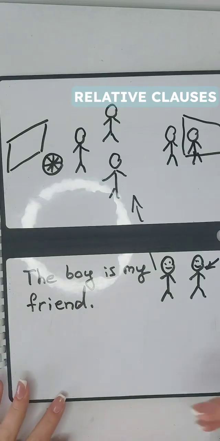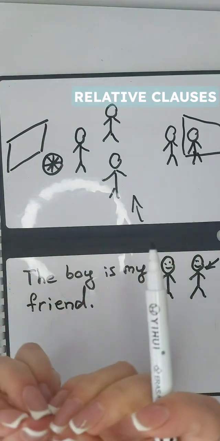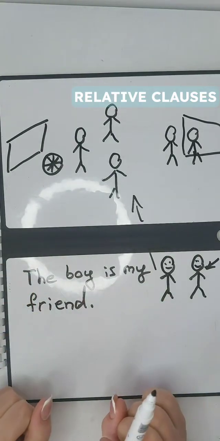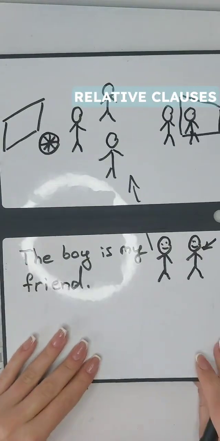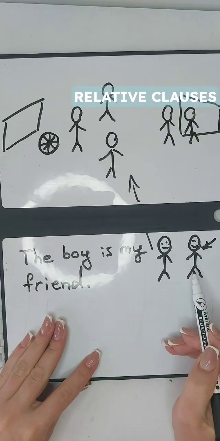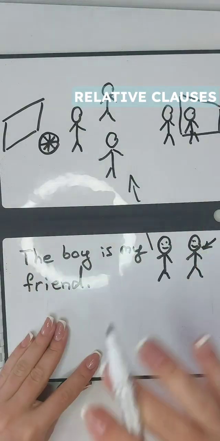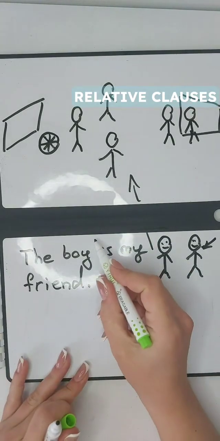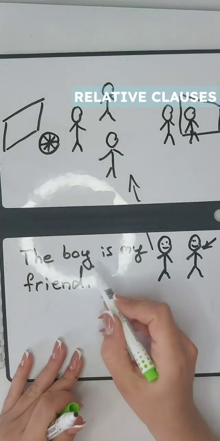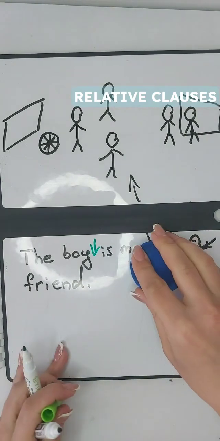Now, I built a defining relative clause that is essential, and the friend will understand which boy I'm talking about right away. So, I'm going to put a defining relative clause between the boy and my friend here.